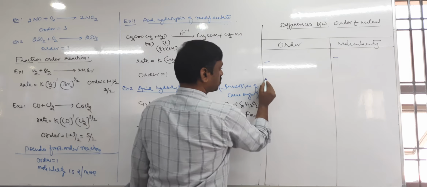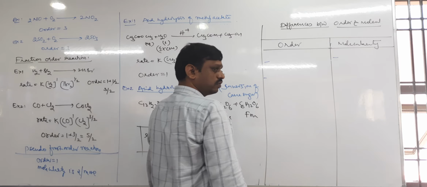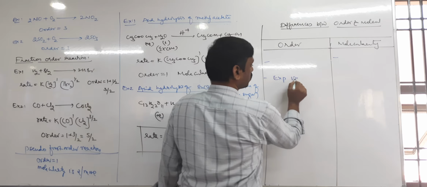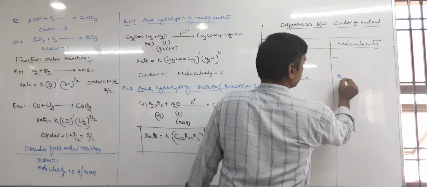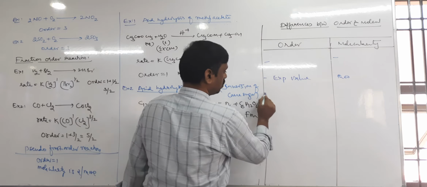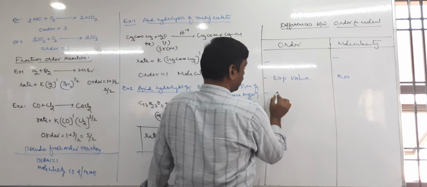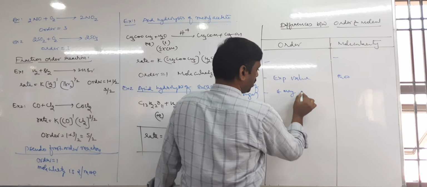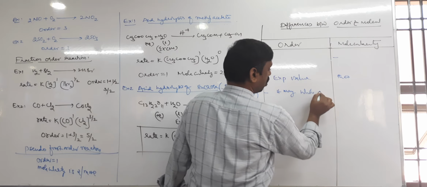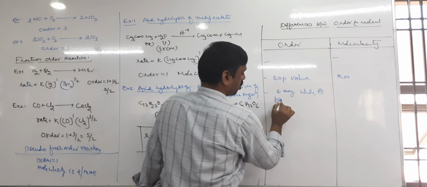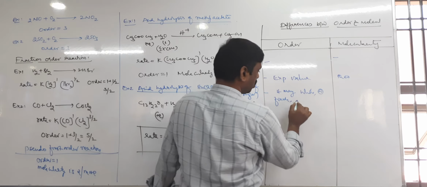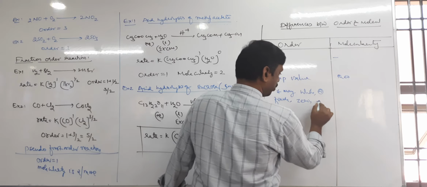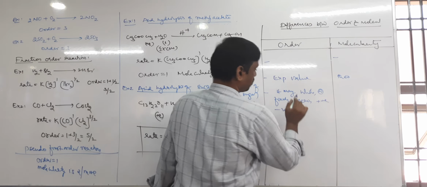Next, second difference. Order is an experimental value. Molecularity is a theoretical value. Next, order may be a whole number or fraction or even 0, even negative or positive.